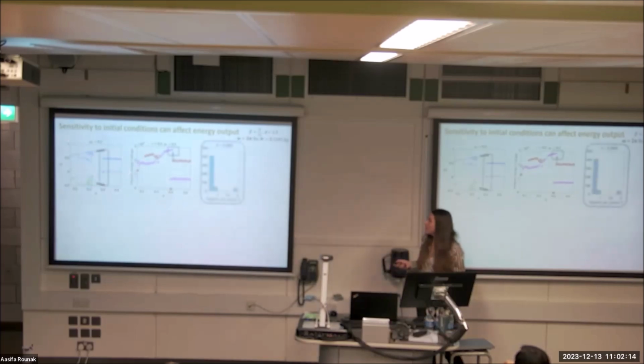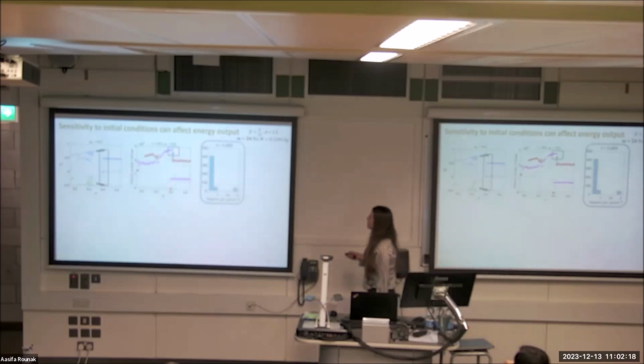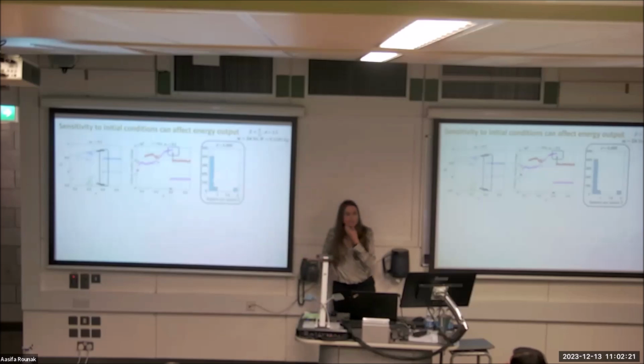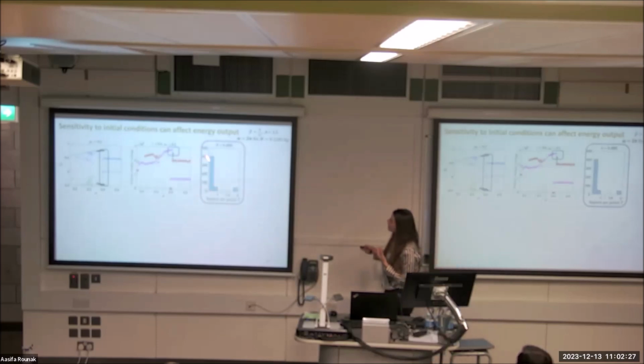But if I choose one of those D values where both of these solutions are possible, and I did 500 simulations from random initial conditions just to see, okay, how often do you land on one versus the other? Actually, the one that doesn't impact is way more frequent. So that's not great. There are not many initial values. So you have to be really careful about your initial conditions if you want to achieve that solution.